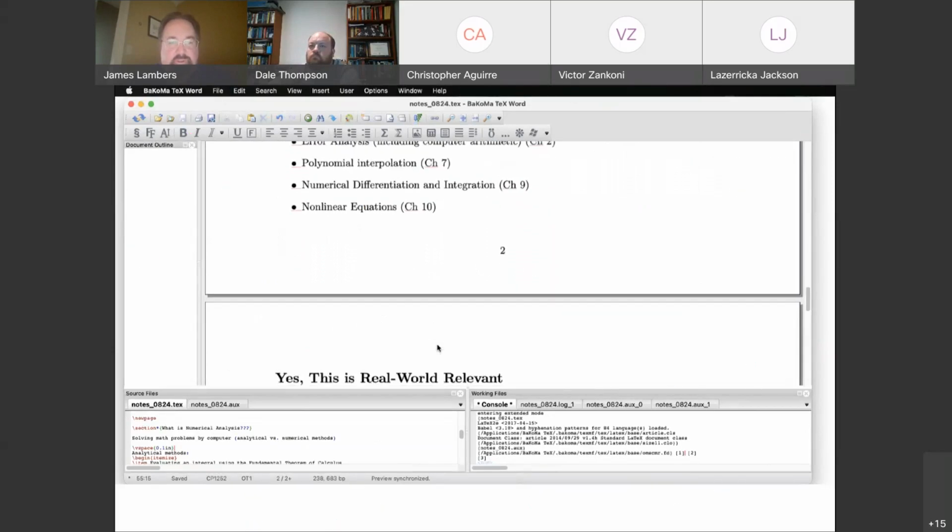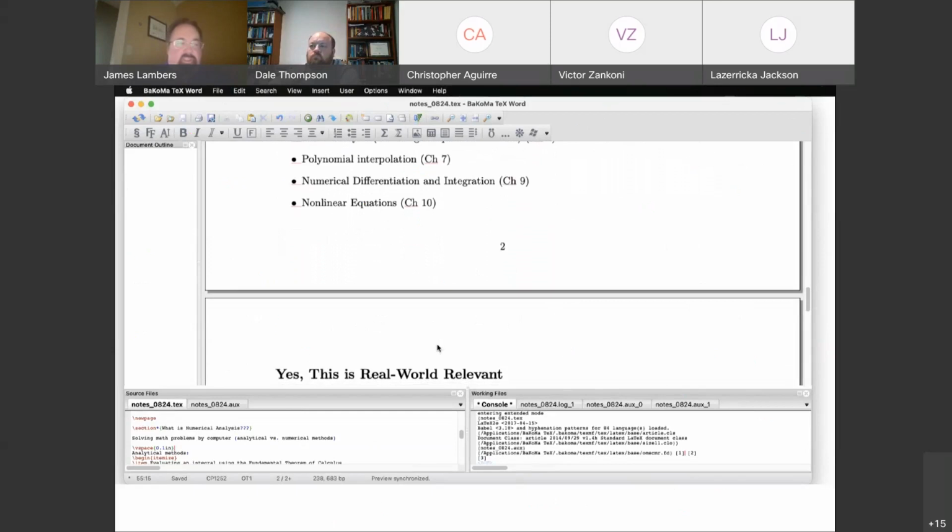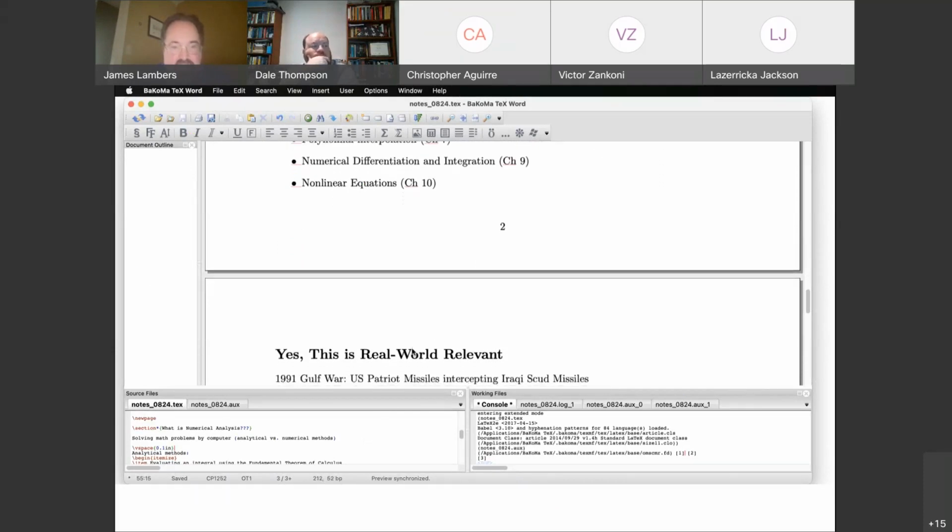So what I want to do to conclude today is give an example of a real-world application of numerical analysis that shows just how crucial it can be in certain real-world settings. This comes from wartime.